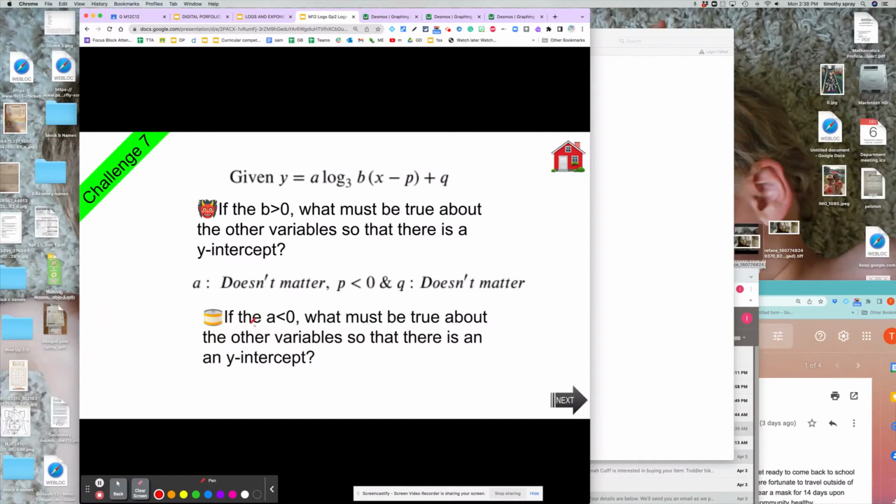Here's another question. If a is less than 0, so if that was minus, what must be true about the other values so that there is a y-intercept? Well, in order for that to happen, either, let's see.